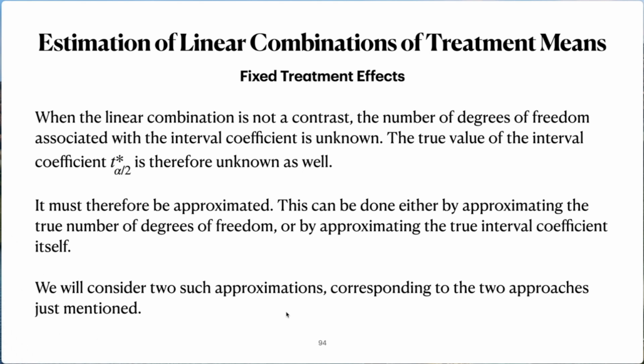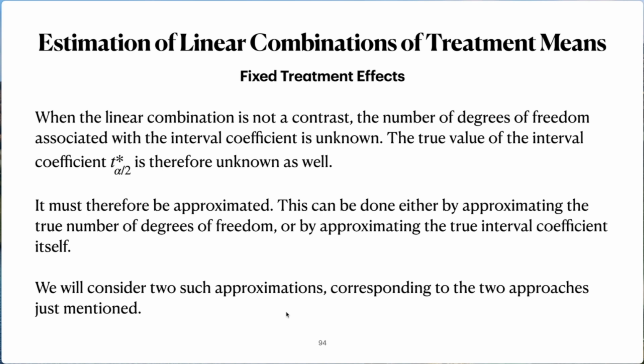When the linear combination is not a contrast, the number of degrees of freedom associated with the interval coefficient is unknown. The true value of the interval coefficient, t star sub alpha over 2, is therefore unknown as well, and so it must be approximated.